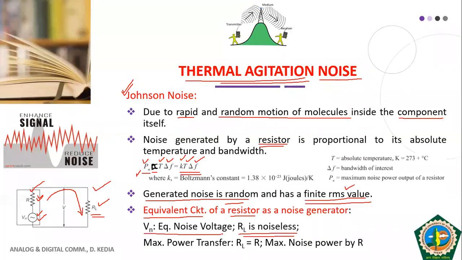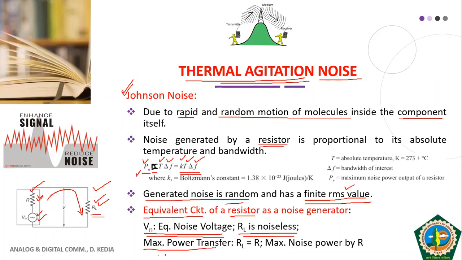Then Vn is our equivalent noise voltage, and R is the resistor which is generating noise. Now we want the maximum noise generated by R to be transmitted across RL. So we all know what the maximum power transfer theorem is.